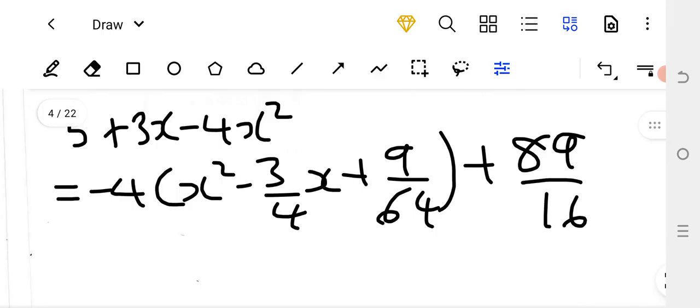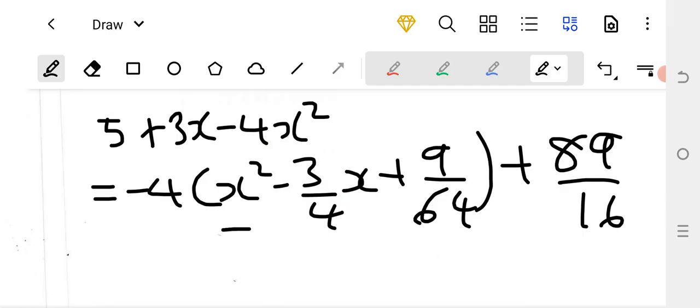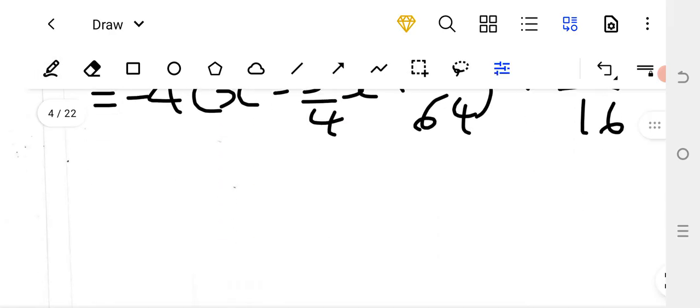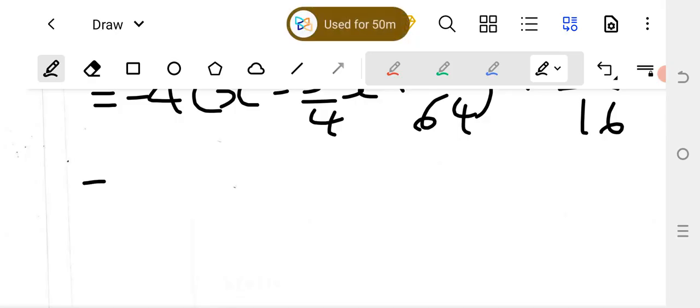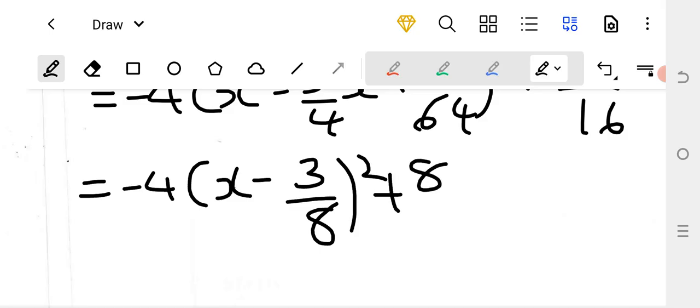The next step is you take the square root of x squared and the square root of 9 over 64, and then you get the sign here. It's going to become negative 4 multiplied by x minus the square root of 9, which is 3, the square root of 64 is 8, so minus 3 over 8 squared plus 89 over 16.